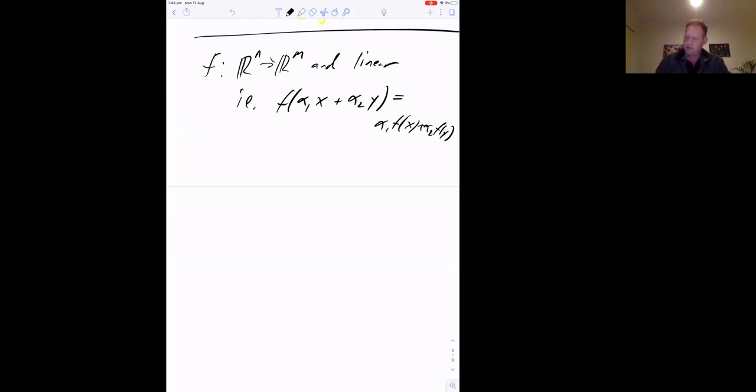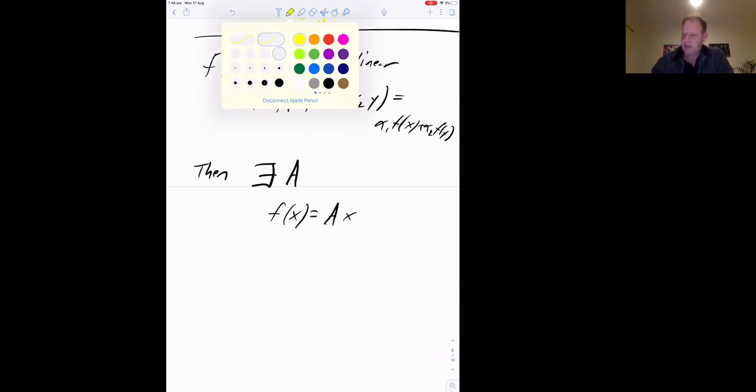If this is true, then there exists a matrix A such that f of x equals Ax. And that A is even unique. Let's not prove the uniqueness, but I want to show you that this exists.